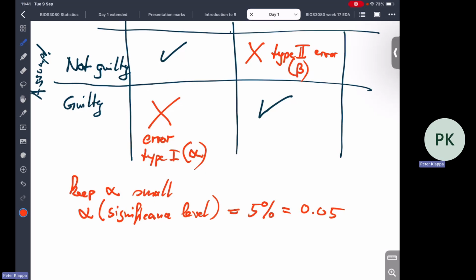Now, if you ask my wife, she will tell you that my alpha, my significance level, is probably around 100% because I'm always wrong. So that's her set. I believe that, yeah, she might be right. I am wrong occasionally, but it's really occasionally. So my alpha is personally 1 in 10,000 times.